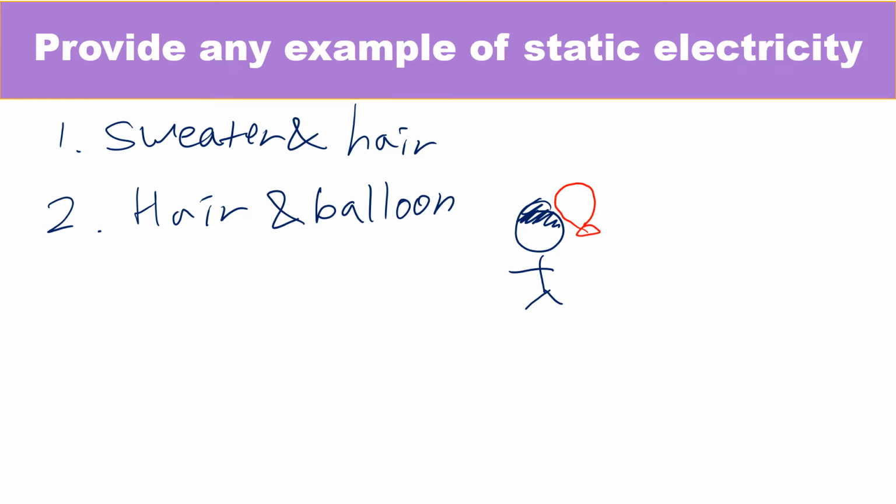If you have a bunch of friction happening, rubbing your hair with the balloon, then there will be an attractive force between the two matters, and these two will attach together unless we ground them. Grounding is one of the main terms that you will learn too. Grounding means you're basically discharging the electrons.